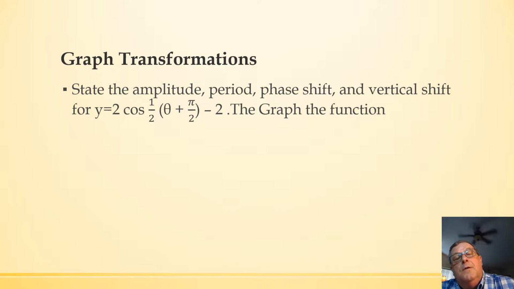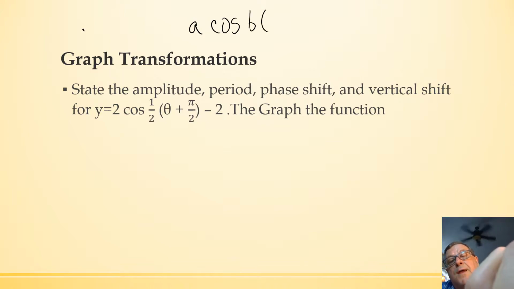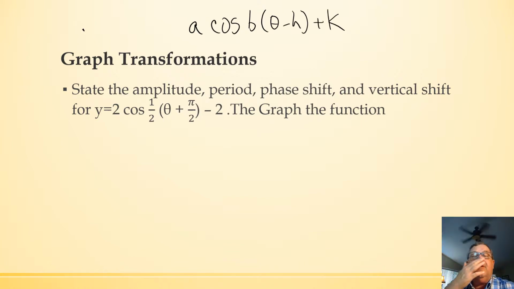So we have learned that, using cosine this time, y equals A cosine of B(theta minus H) plus K. There's our general formula for transformations, where A is the amplitude, B is a transformation of the period, H is a phase shift or horizontal translation, and K is a vertical shift or a vertical translation.